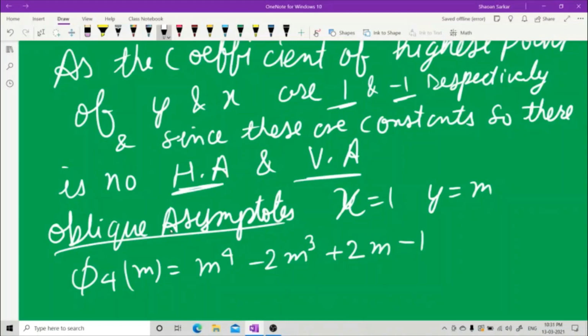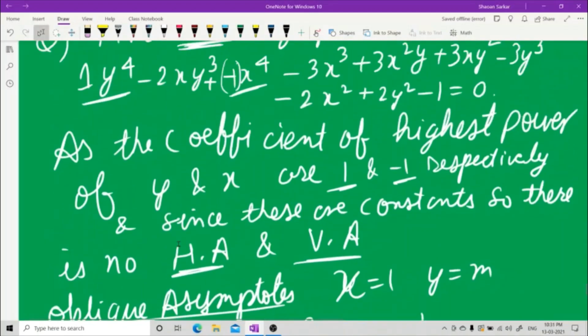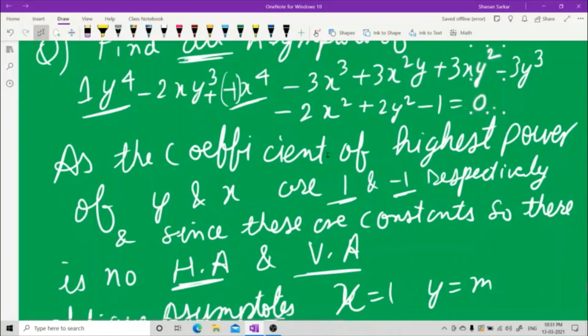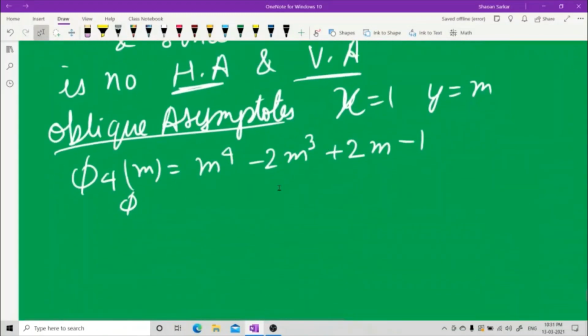Now phi 3. Check in the equation. Yes, phi 3 is there, because the total power is 3 here. We are going to write phi 3.